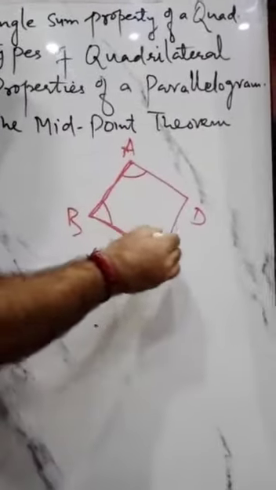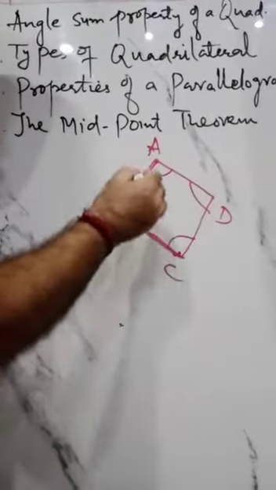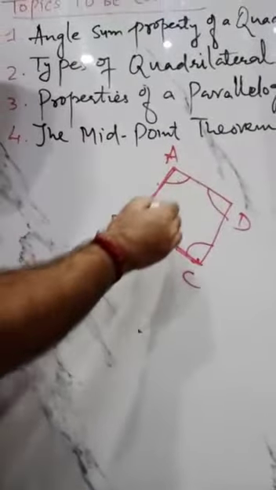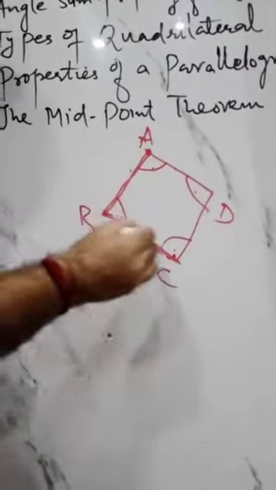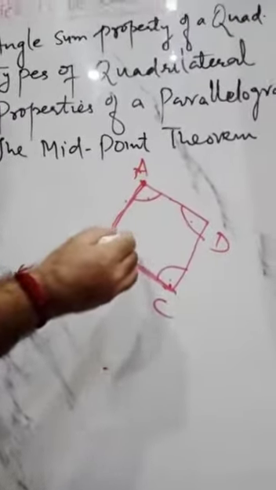In this quadrilateral, you will see we have four sides, four angles and four vertices. Here A, B, C and D are the vertices.